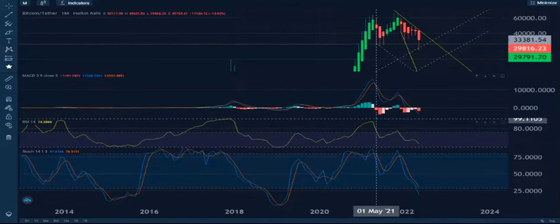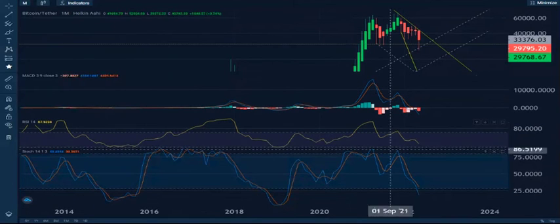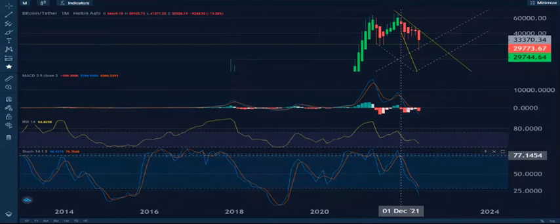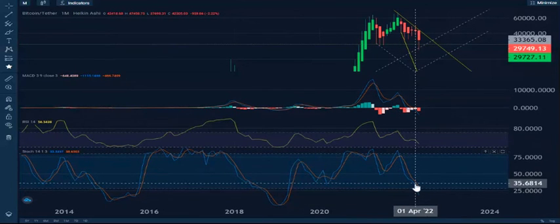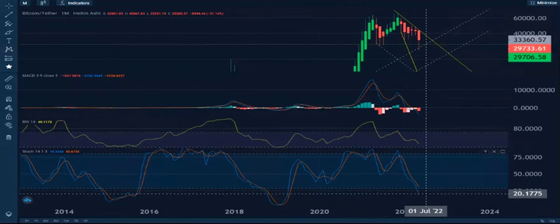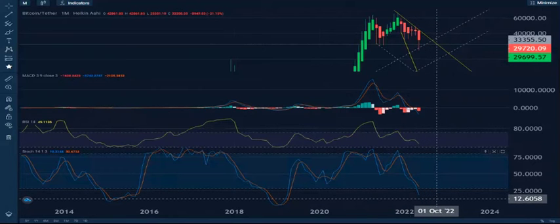Very, very weak. Look at our stochastics, very weak. All our indicators are lower, and we had a death cross. And look, we've just fallen off. We're just starting to approach territory now where we should maybe sit back for several months.